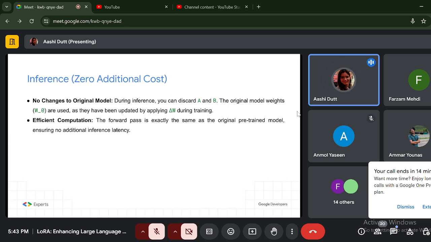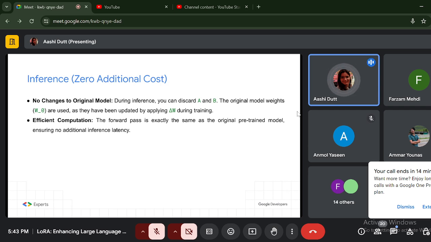Now is the inference. Inference is at a cost of 0, because as I told you initially, there is no inference cost. The time your model was initially taking to give you the inference, it will take the same time after your fine tuning as well. There are no changes to the original model.